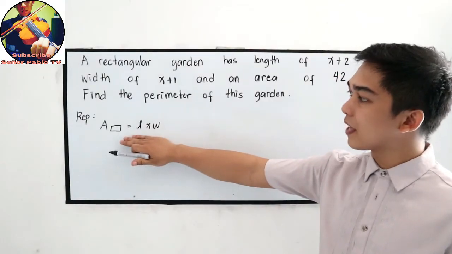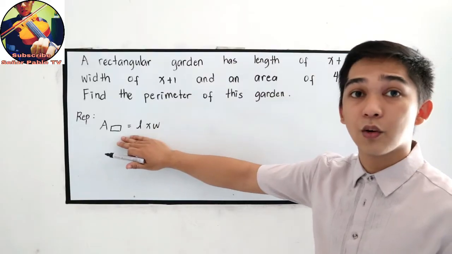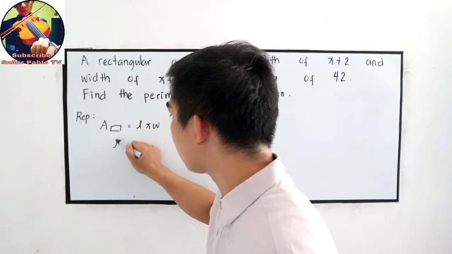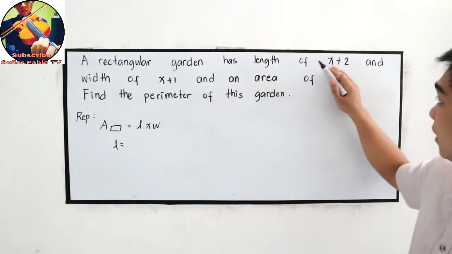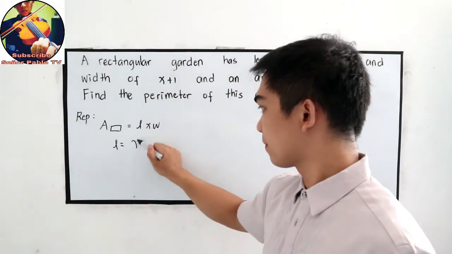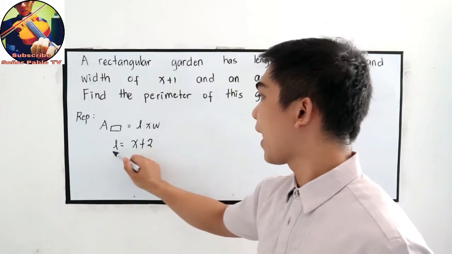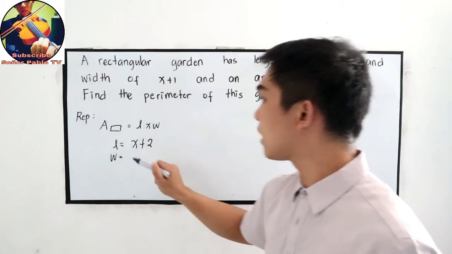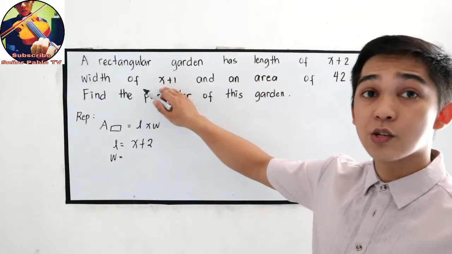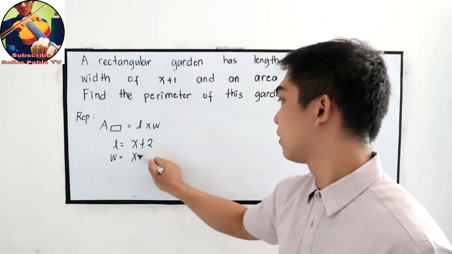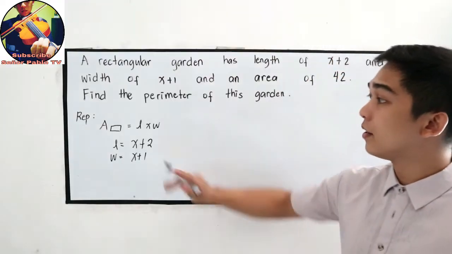Therefore, in our representation, we need to find the length and the width. So length is equal to x plus 2. And width is equal to x plus 1. Okay.